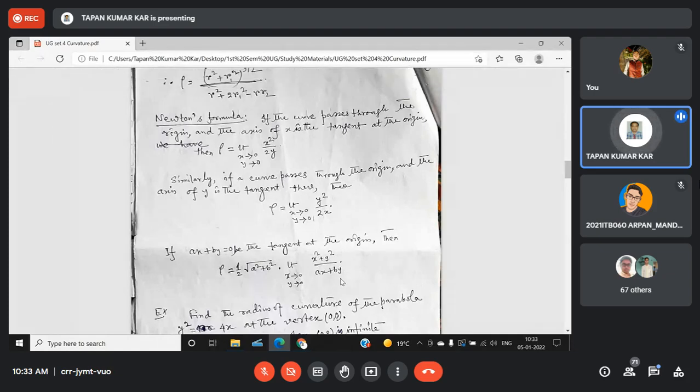This is the general formula. From this general formula you can also derive the radius of curvature when the x-axis is the tangent and when the y-axis is the tangent. So remember this one.